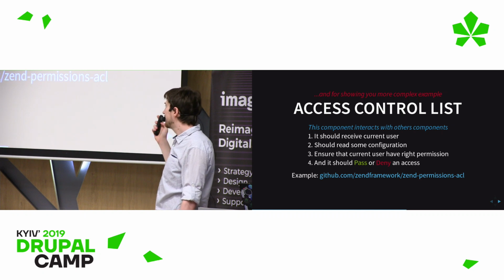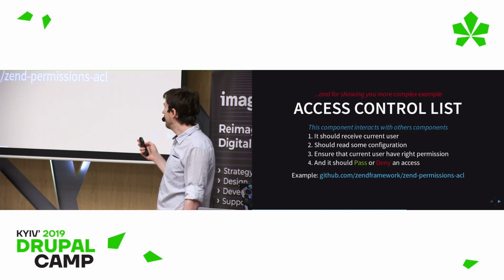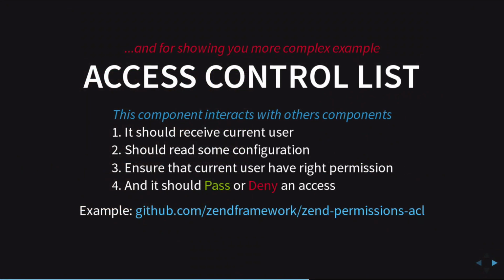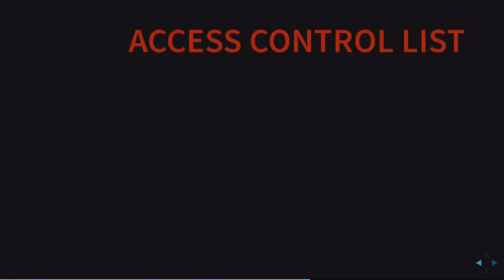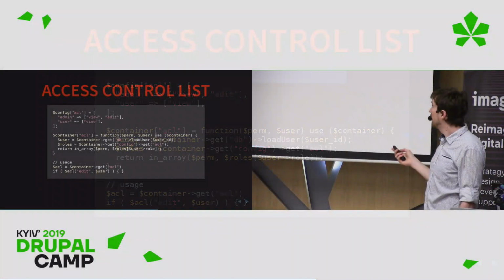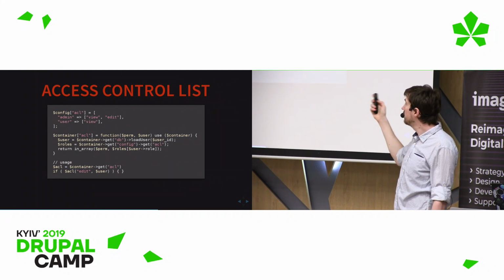Again, I really love the Zend framework, and they have all the basic components there, and it's simpler to understand than Symfony 1, because they try to make simple components understandable by everyone. In the example of an access control list, in the configuration we have an admin role and a user role.